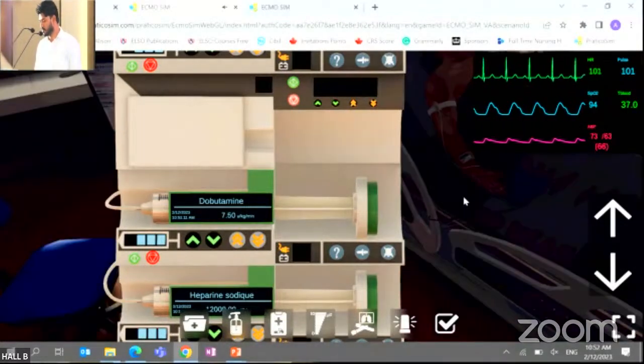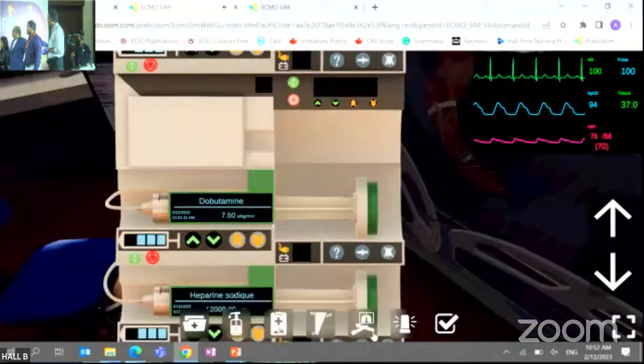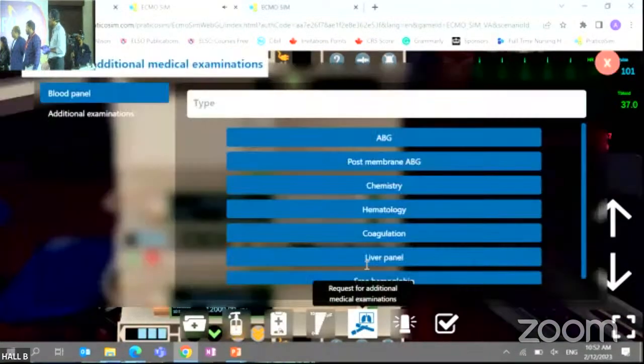It's not increasing that much. So let us see whether the aortic valve is opening or not. Can I have an echo? Doing an echo.